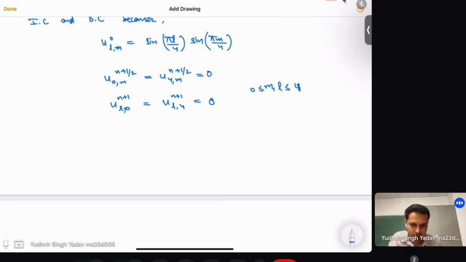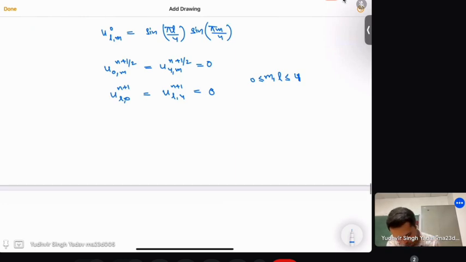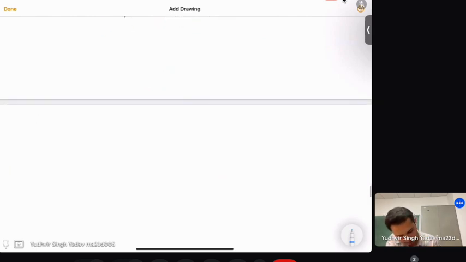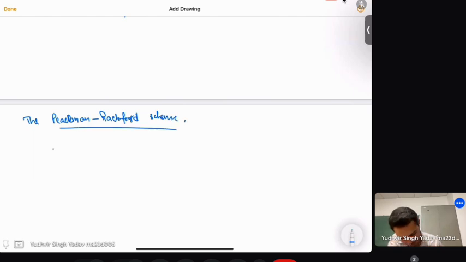Now, what is the Peaceman-Rachford scheme? Since it is a two-step method, the first step is 1 minus lambda by 2 delta x square U(L, M) at n plus half.